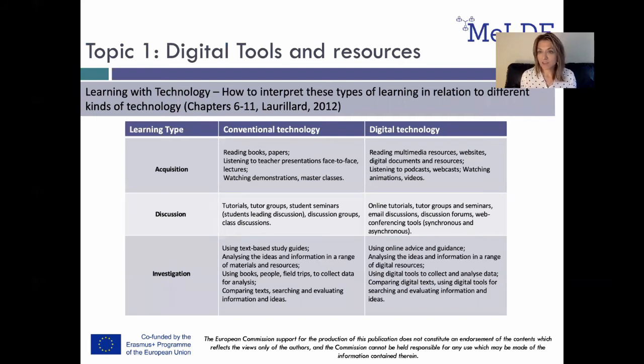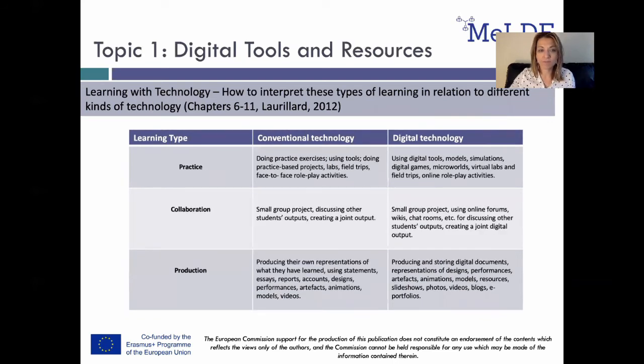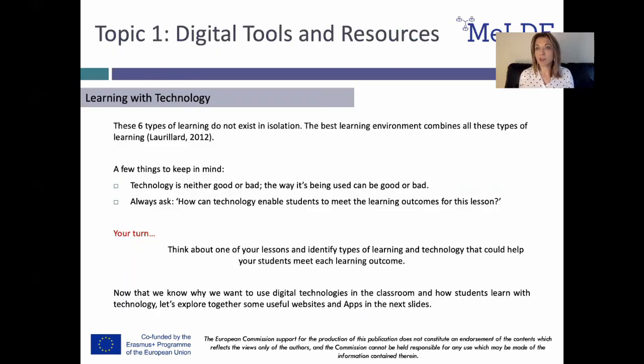We don't have enough time to explore this right now, but please check out the MeLDE ebook available on the MeLDE platform to find out more about how to understand these types of learning in relation to different kinds of technology. One thing to keep in mind, though, is that these 6 types of learning do not exist in isolation. In fact, the best learning environment combines all these types of learning.